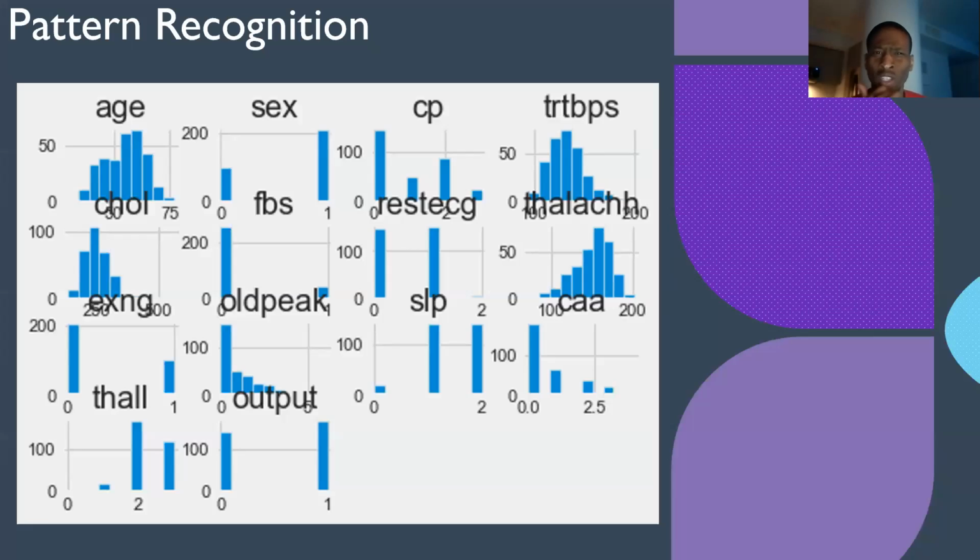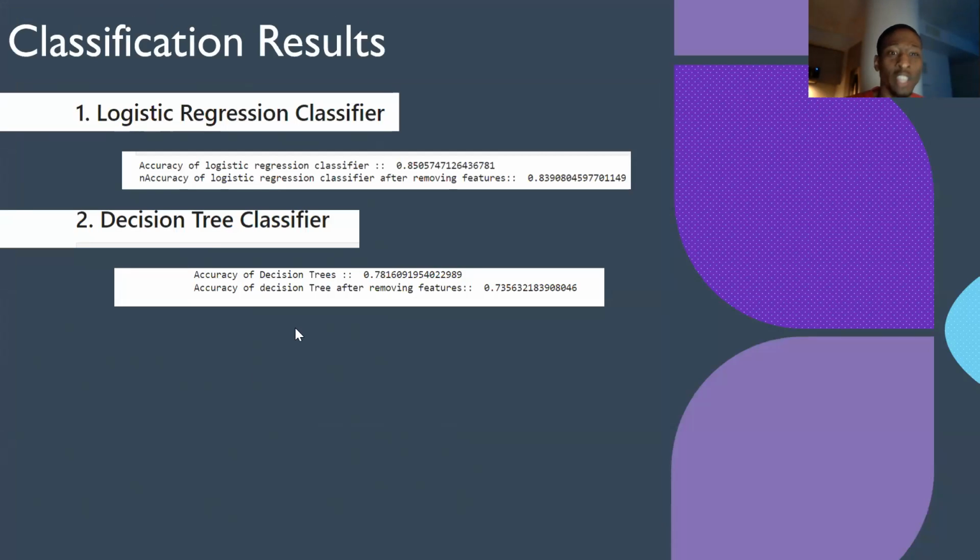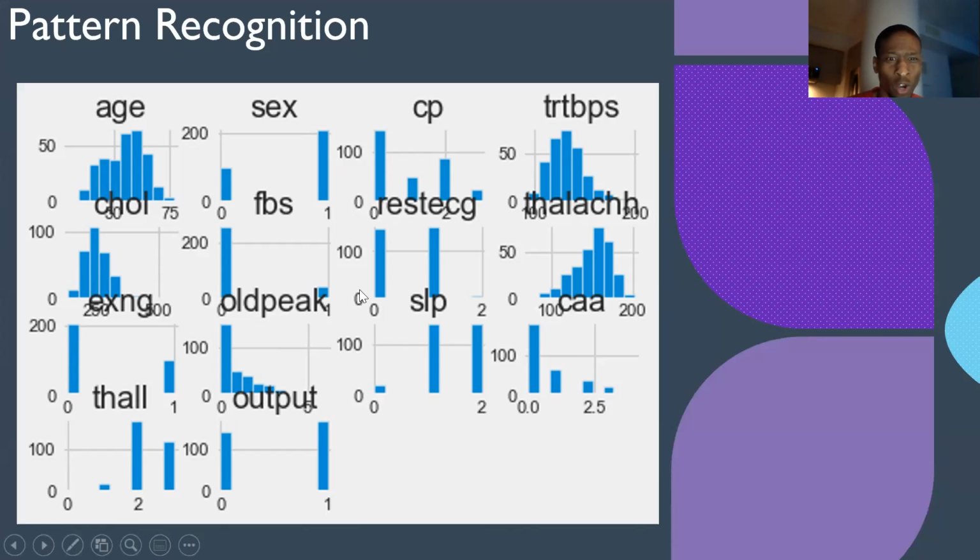Starting off with a sense of pattern recognition, I call it loosely pattern recognition, but if you look at the distributions of each individual input in terms of density, in terms of volume, and in terms of frequency as well, you can tell that from the 14 columns, the output is actually the target AHD, so 13 inputs.